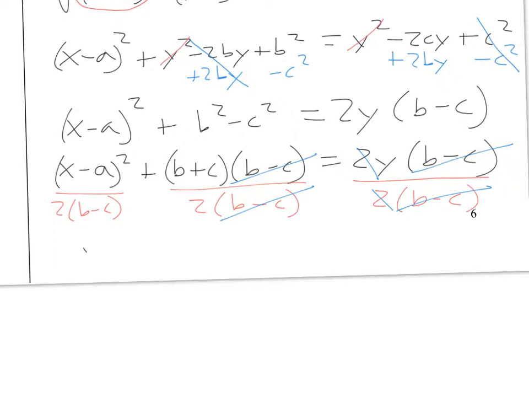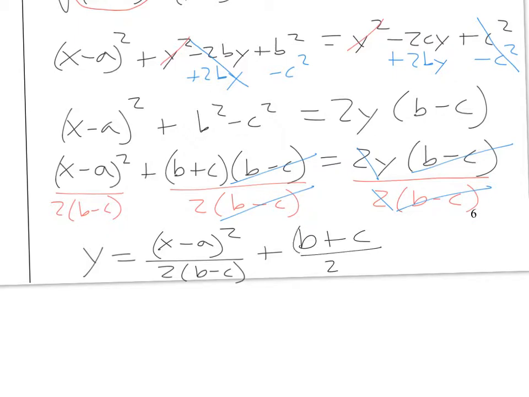So let's just put the y in front, y equals, and then I would have x minus a squared over 2 times b minus c, plus all I have left in this part here is b plus c over 2. I'm going to put parentheses over there so we remember that we have to add those before we divide by 2. Well, I know it doesn't look exactly like it, but really this is vertex form.